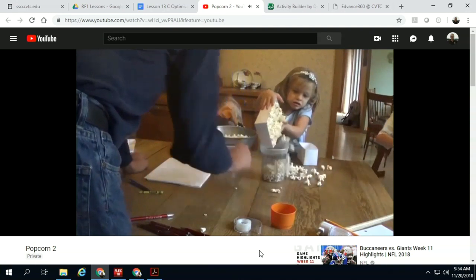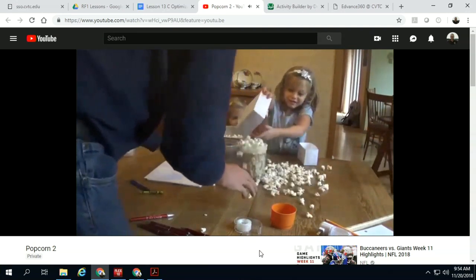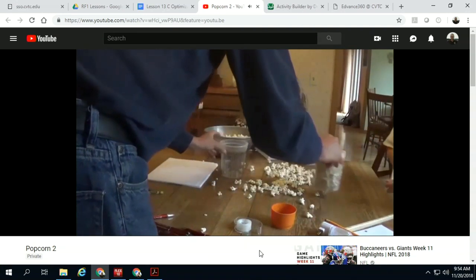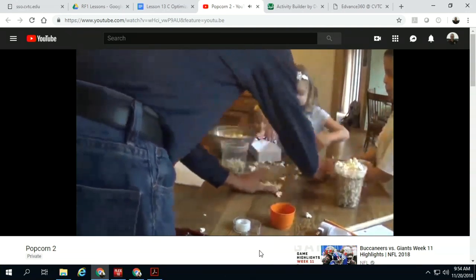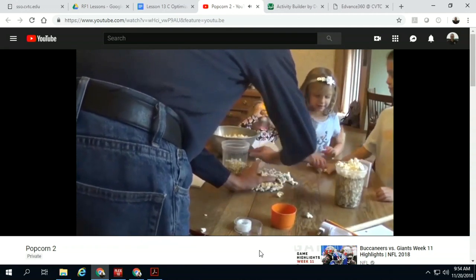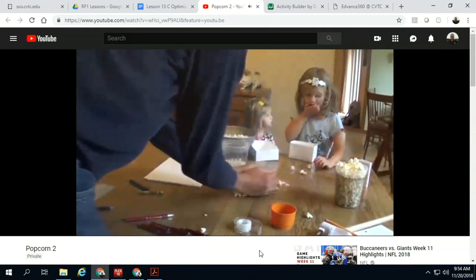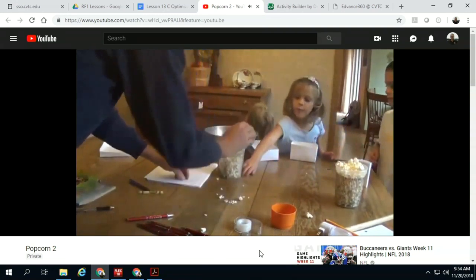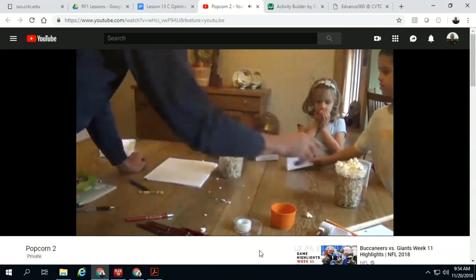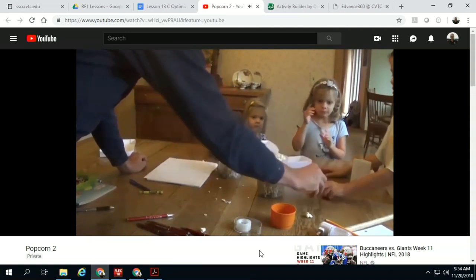So that's 1 bucket. Oopsie. Okay, let's put it in the next bucket.